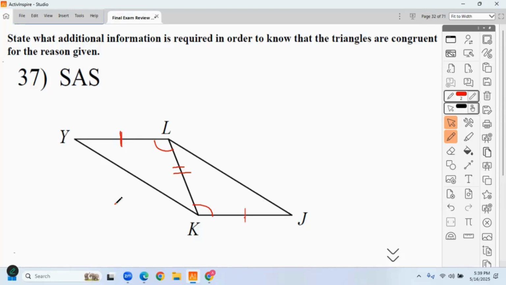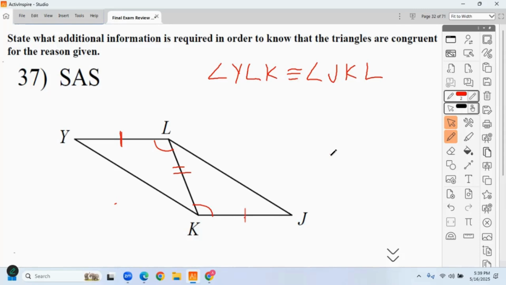But for the angle part to work, this is what we need. We need angle YLK to be congruent to angle JKL. Done. Very nice. 37 is done and done.